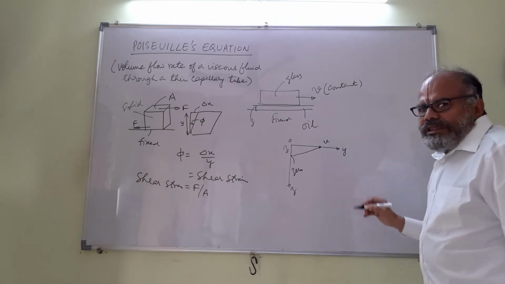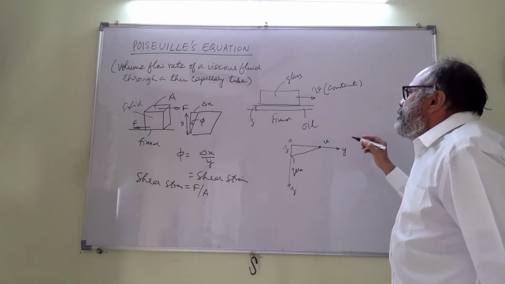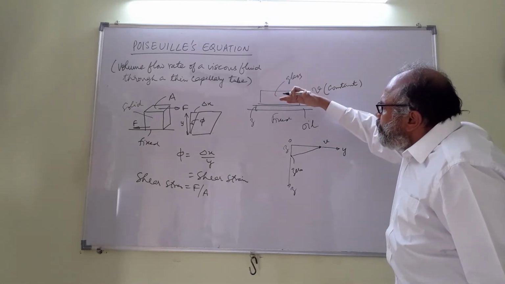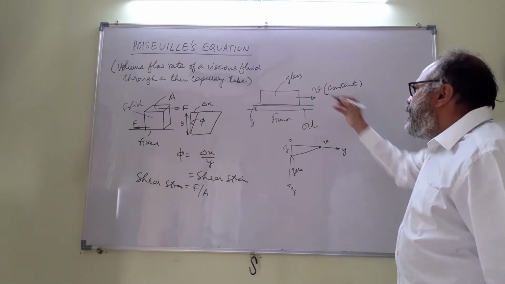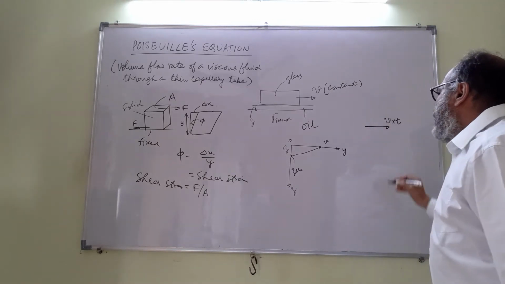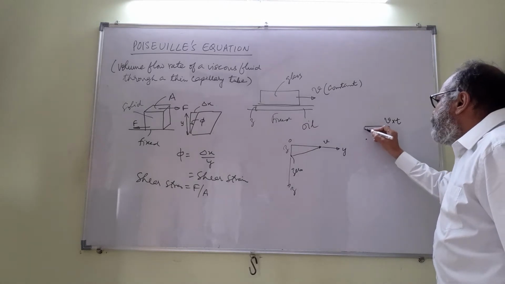Let us see what the shear strain is. The oil in contact with the glass will move by a distance v into t in a time t, and the bottom portion is not moved at all.